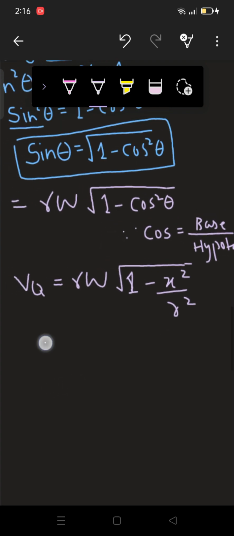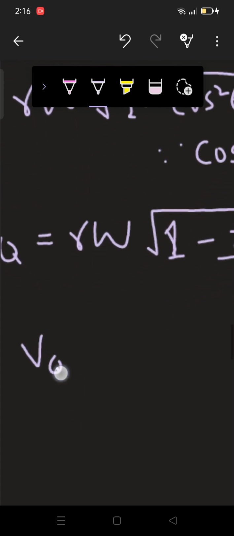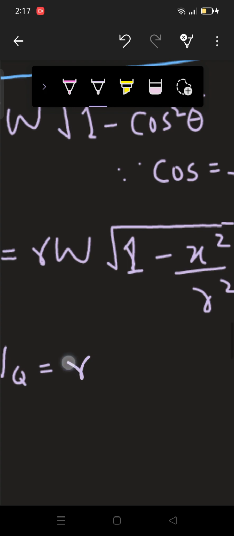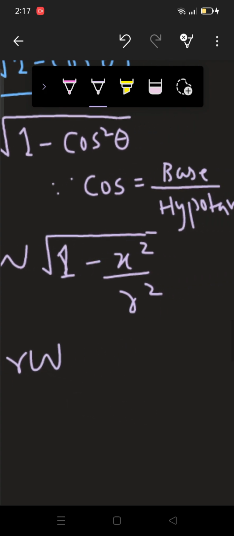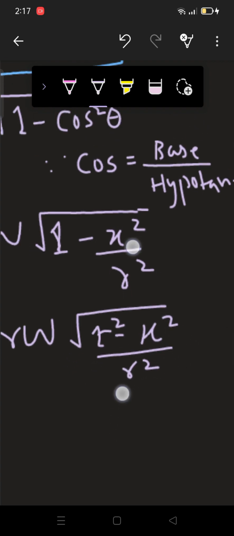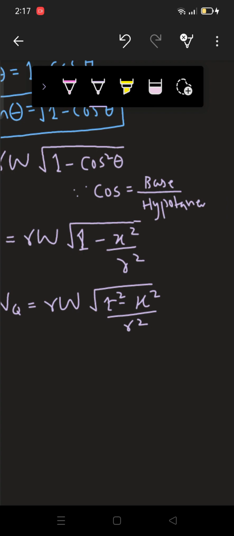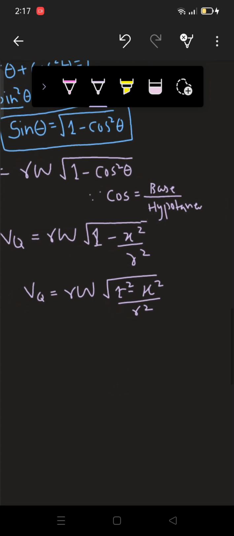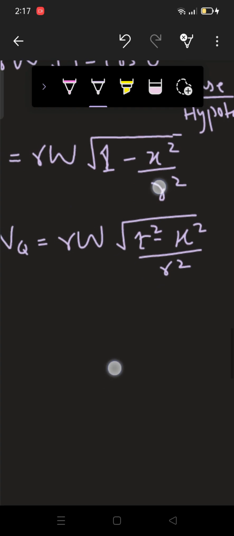Let's take the LCM of it. When we took the LCM we got r square minus x square upon r square.